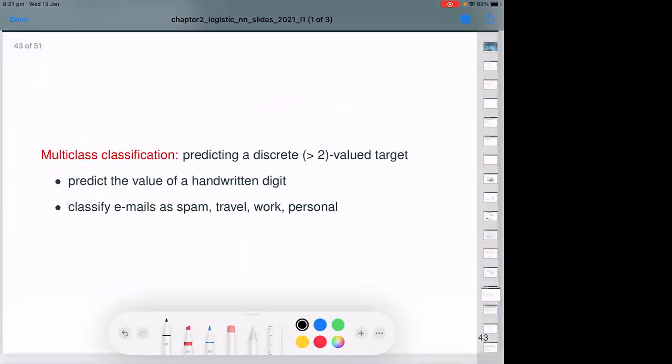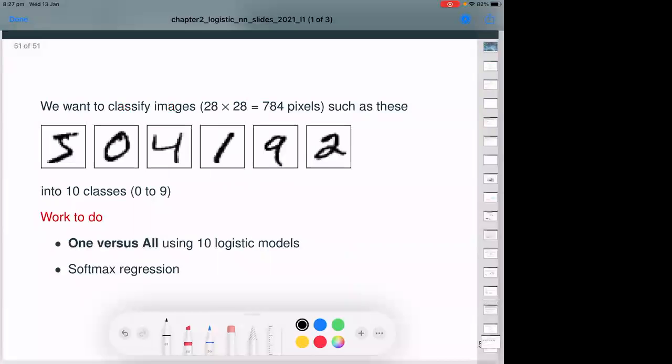For multi-class classification, we want to do classification when our output has more than two values. So we have a prediction of a discrete value, but greater than 2. For example, with the MNIST data, we don't want to predict a real value, we want to predict if it's a class 0, a class 1, and so on.